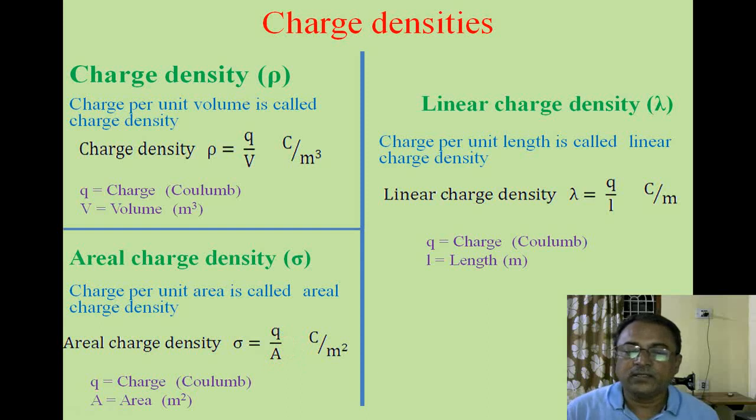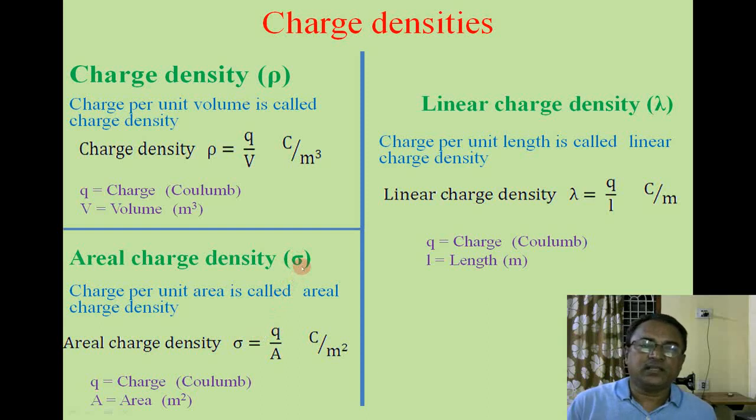Its unit is coulomb per meter square. Coulomb is for the charge, and meter square is the unit for area. So coulomb per meter square is the unit of surface charge density, and Q by A is the quantity of surface charge density, and that is represented by the letter sigma.